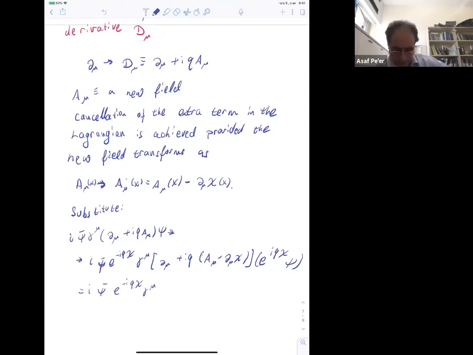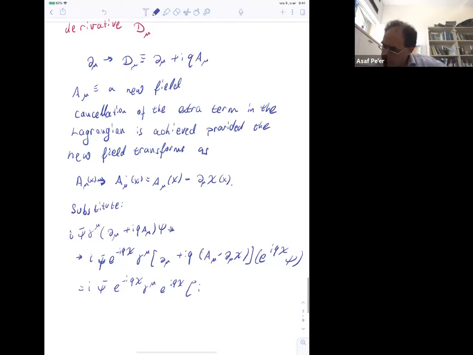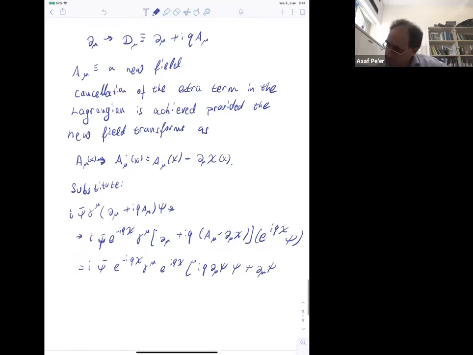And then we had, again, we had these two terms, right? So we had e to the iQ chi. And we had two derivatives, one of psi and one of the exponent. So iQ d mu chi psi plus d mu psi plus iQ A mu minus d mu chi psi.